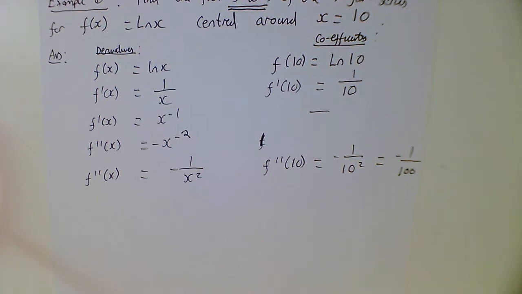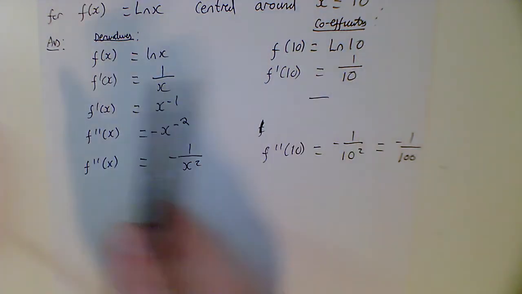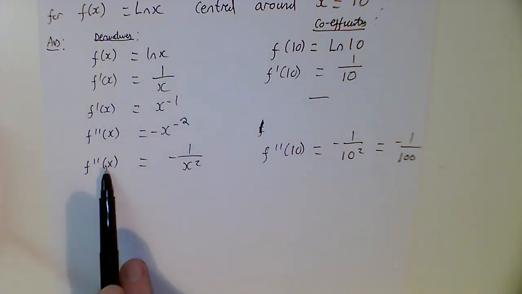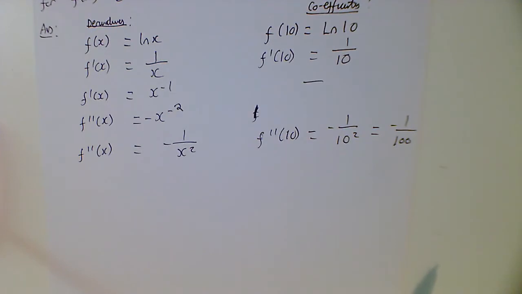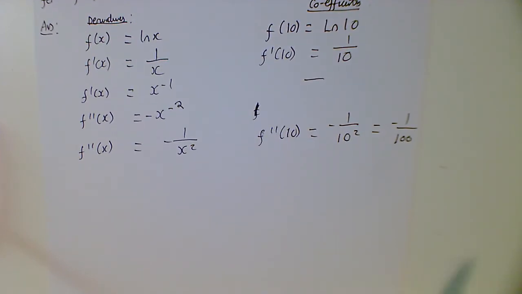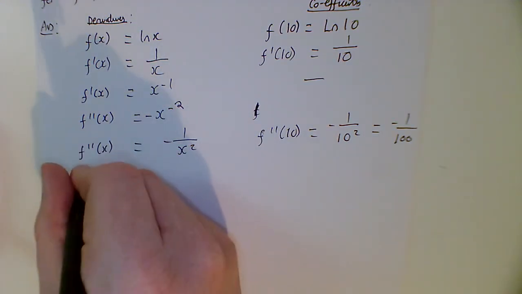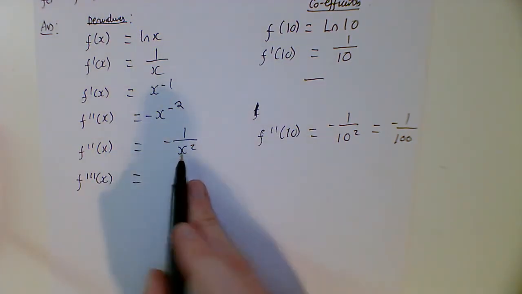So I've got the first function with 10 substituted in, the first derivative with 10 substituted in, and the second derivative with 10 substituted in. Remember, I need to find 4 derivatives because it's always 1 less than the number of terms I'm looking to find, unless there's zeros involved. So f triple dashed: to differentiate that, I'm just going to use that one there.